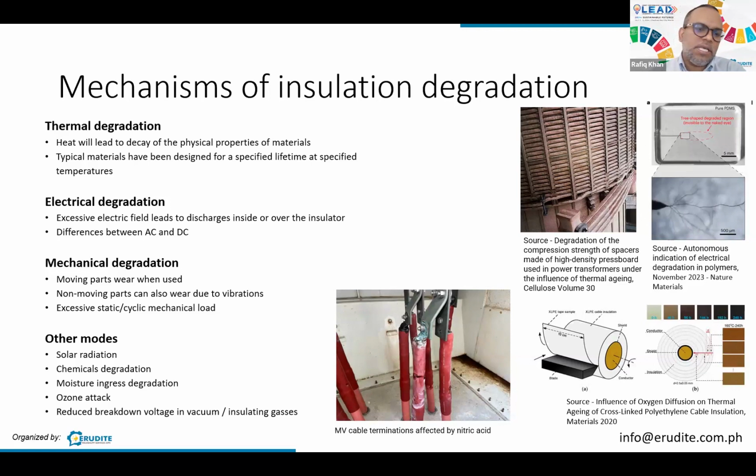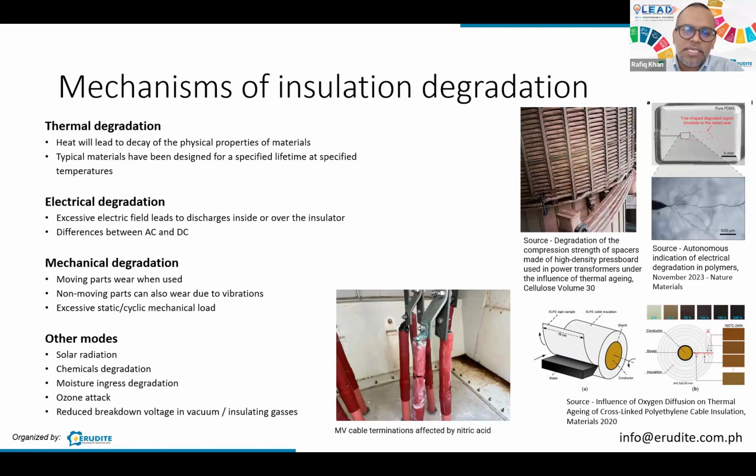You also experience it in transformers. In the photo here at the top center, we are looking at the paper insulation of transformers. When you have high thermal aging, you will have degradation of mainly the primary insulation material in transformers, which is paper. But there are also spaces in between this paper, which is called high density press board.